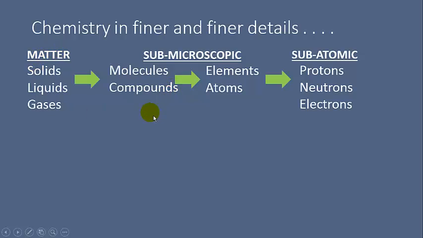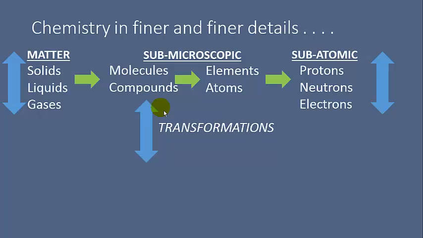So then again, when we split everything into finer and finer details, the question comes, what is chemistry? Chemistry really involves a transformation. Whether you're talking about the level of matter, the transformations in going from solids to liquids or liquids to gases, vice versa, or solids to gases.